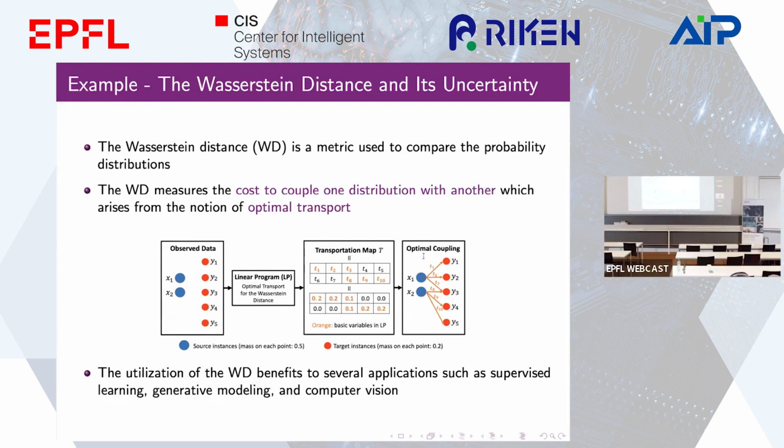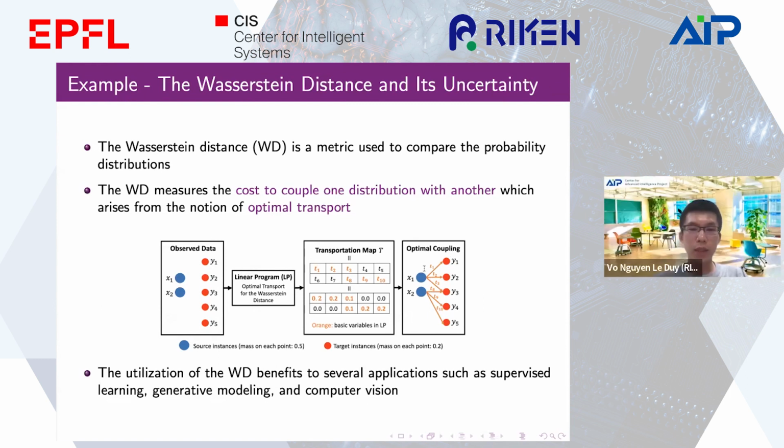Based on the transportation map, we obtain the optimal coupling between the source instance and the target instance. Here, the orange line is the optimal coupling between the source instance and target instance. And finally, based on this optimal coupling, we can obtain the Wasserstein distance.